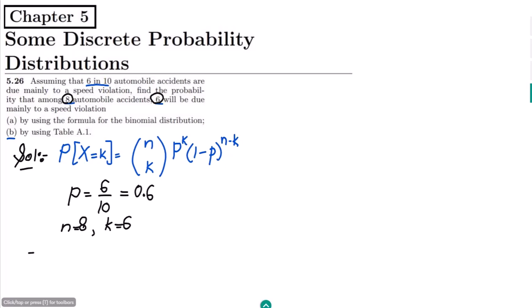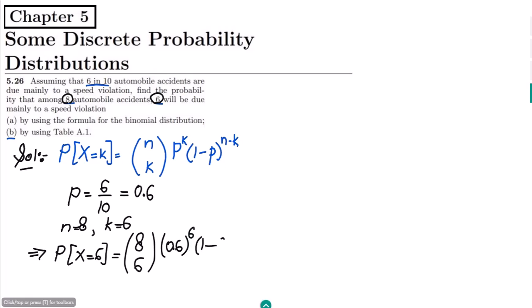Let me put values here. So the probability that x is equal to 6, or probability that k is equal to 6, can be written here as well. Putting all these values here, we will get 8 choose 6, times the probability 0.6 raised to power 6, and 1 minus 0.6 raised to power 8 minus 6, that is 2.